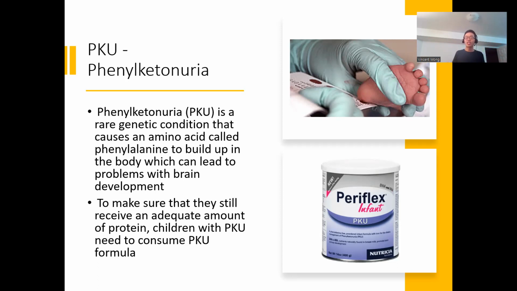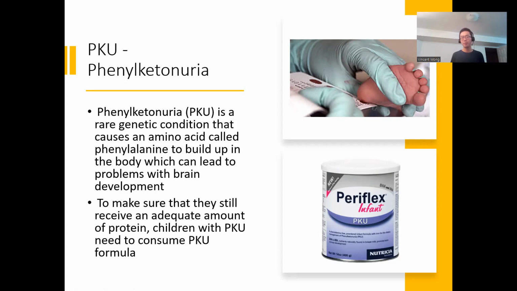So that's the first thing that they will test in a newborn baby. Okay, they will do what's called a heel prick, which is what is shown here. They take a little bit of blood from the baby's very cute foot right here, and then they will run tests on it.